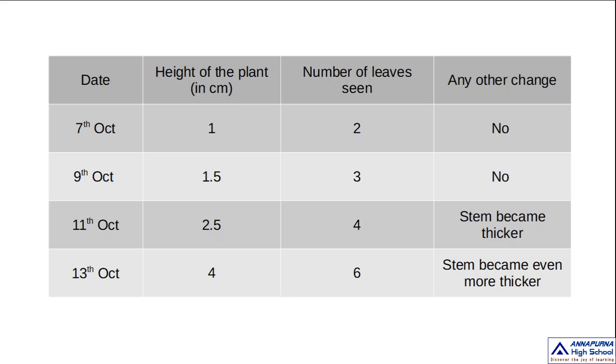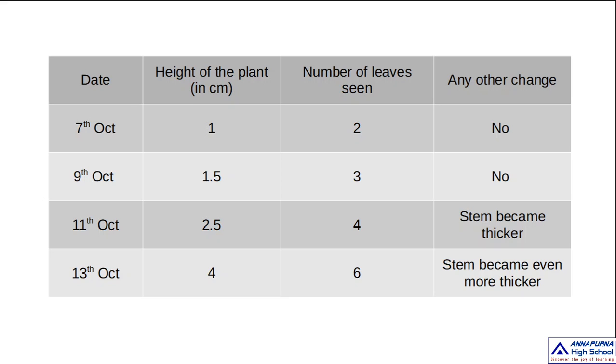That is the other change. Next, 13th October. The height was 4 centimeters. How many leaves? 6 leaves. Any other change? Yes, the stem became even thicker.